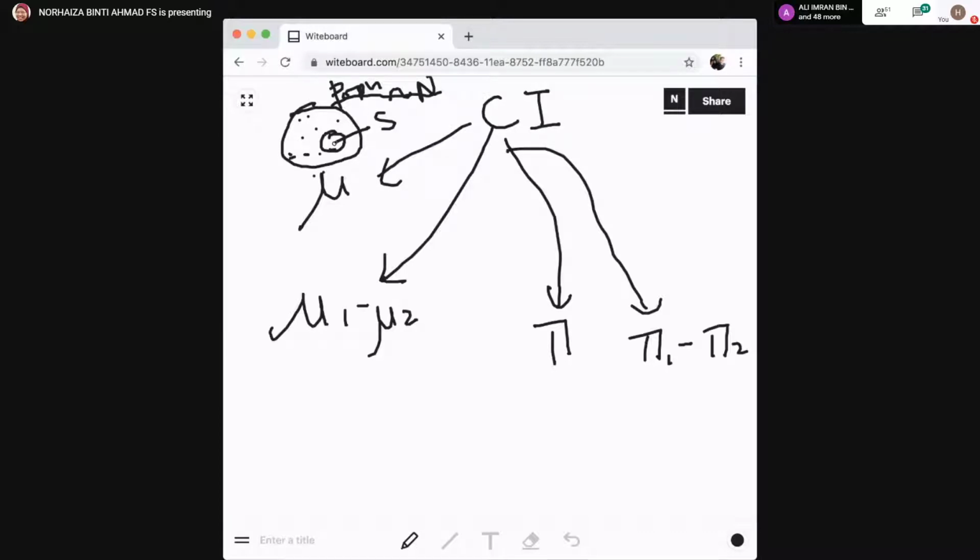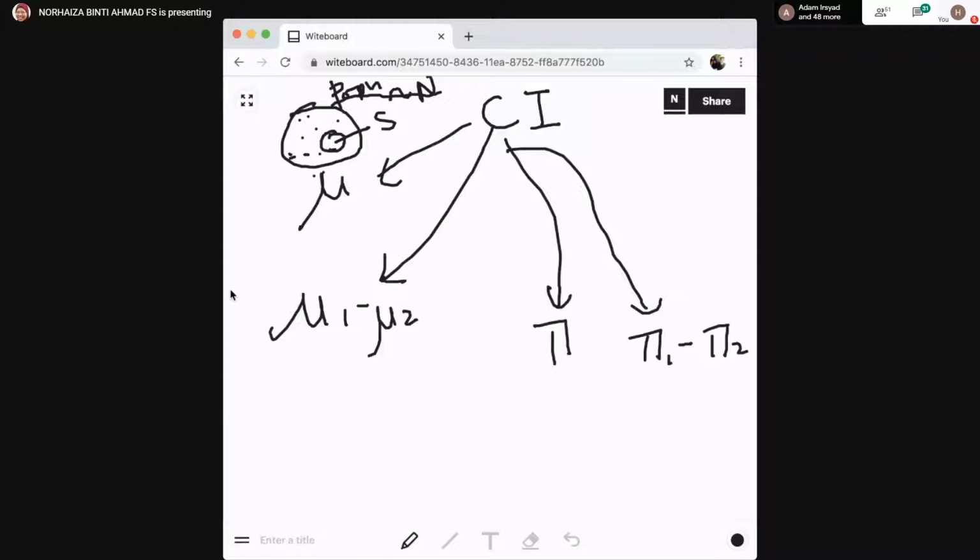But in order for me to construct the confidence interval, I will need to use a margin of error, which requires me to use a certain distribution.